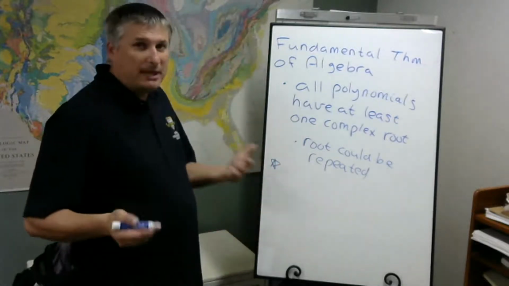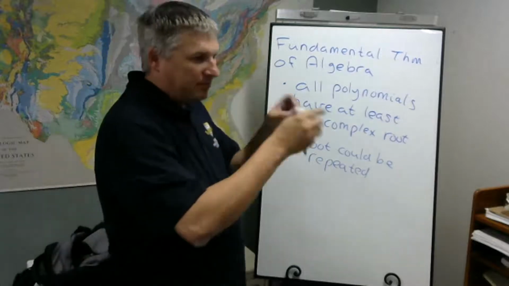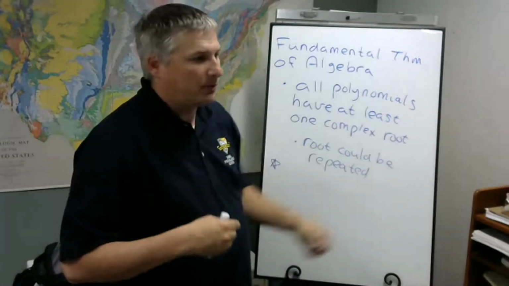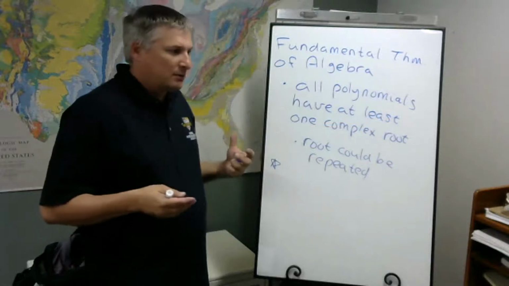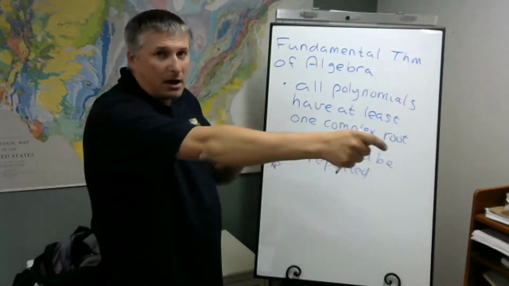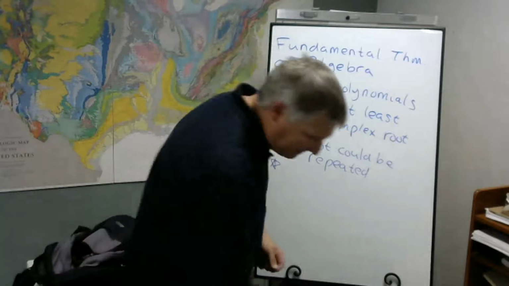If we count repeated roots, in other words, if we put the roots in a list, for example, if the root's repeated 3 times, we list that root 3 times. Let's say we do something like that.